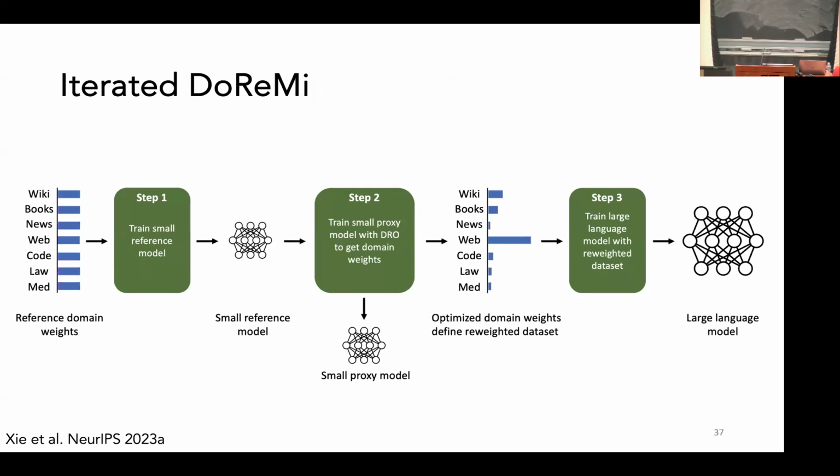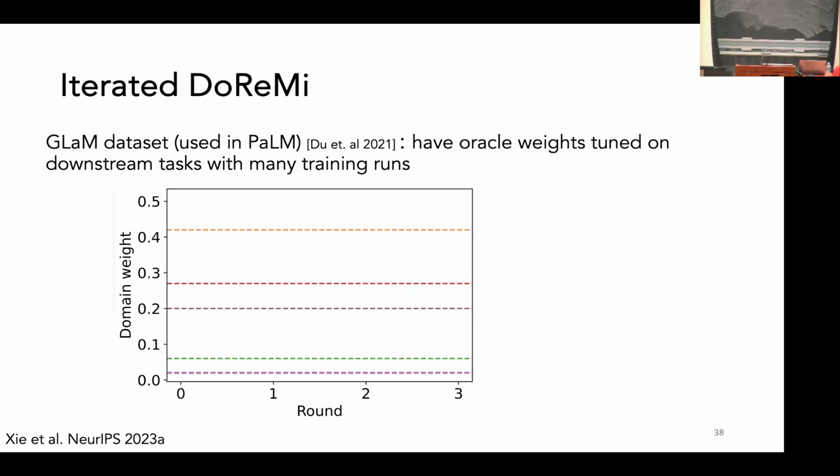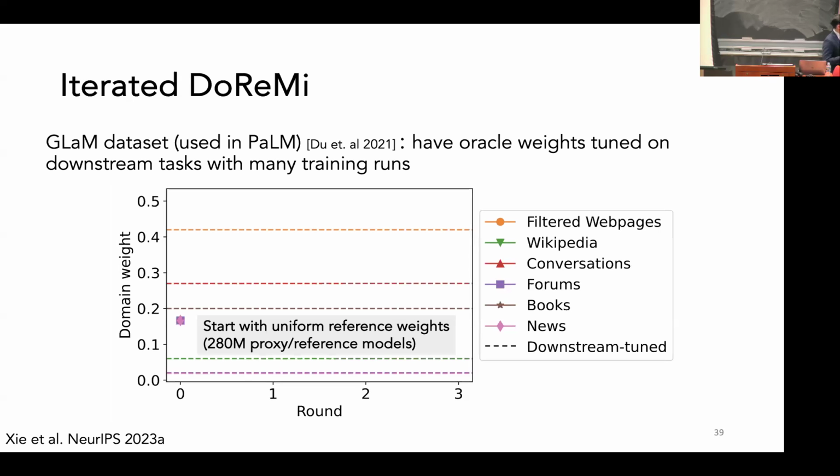Perhaps more interestingly, we can iterate the process. We can take the optimized domain weights and feed them back in as new reference domain weights to get better optimized domain weights out. We tried this on the GLaM dataset, an internal Google dataset used to train PaLM, where we have access to a set of oracle domain weights tuned on the downstream tasks we're evaluating on, with many training runs. I've plotted the oracle weights as horizontal dashed lines. We started the iterated DoReMi process with 280 million parameter proxy and reference models and uniform reference weights, which are super suboptimal.